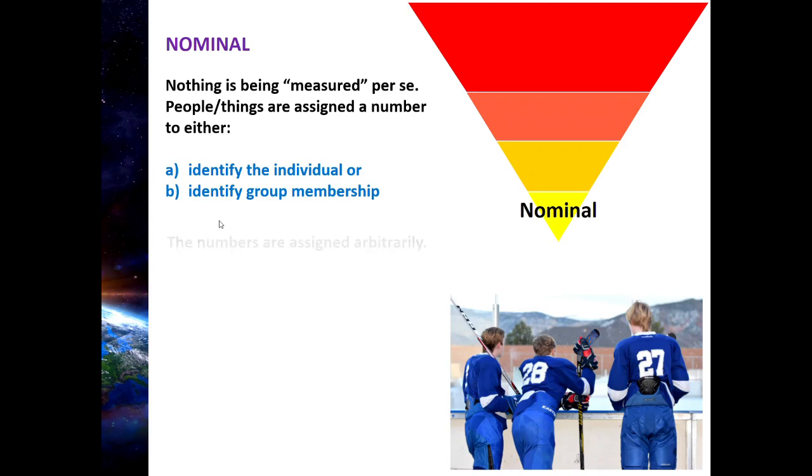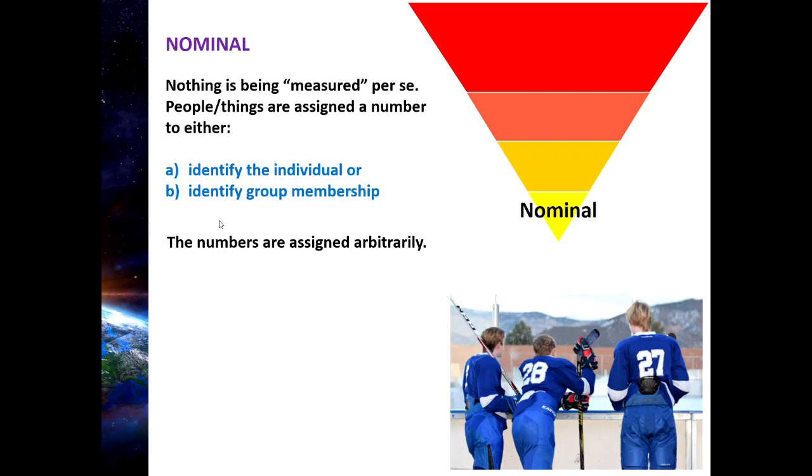And a couple of other things about them is that these numbers are assigned arbitrarily, all right? So we don't have to say that men are 1, women are 2. We could have reversed it and said men are 2 and women are 1, all right?